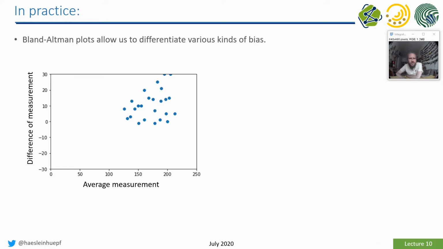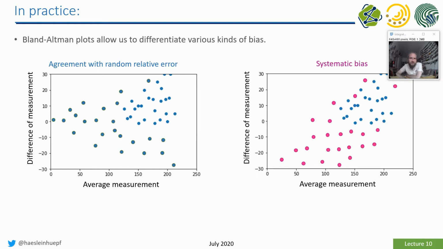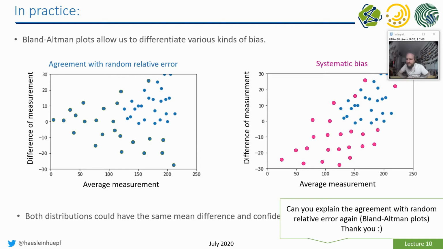Furthermore, Bland-Altman plots allow us to differentiate different errors we can observe in our data sets. A student was asking for that, I think. What is the random relative error again? So when you look here, it refers to this diagram. When you look at this plot, the values are pretty nicely distributed below and above 0.